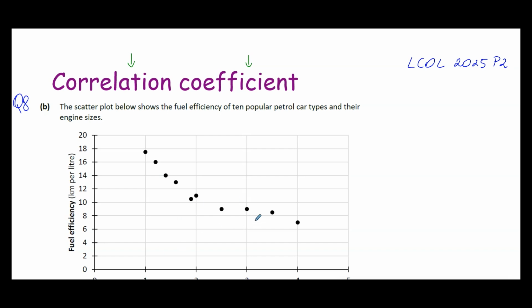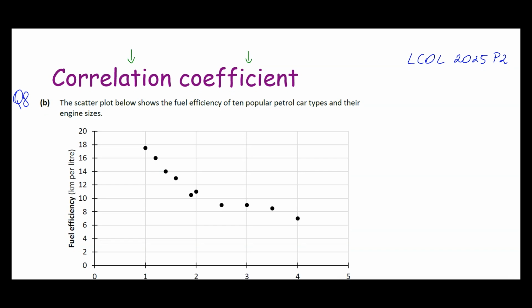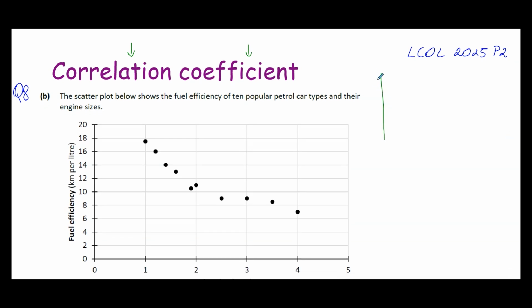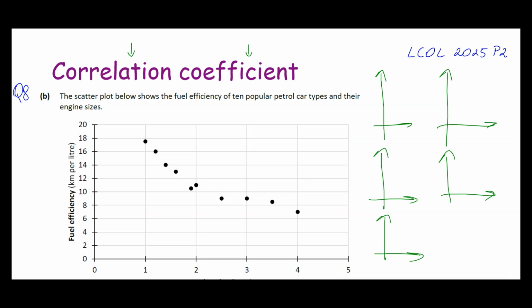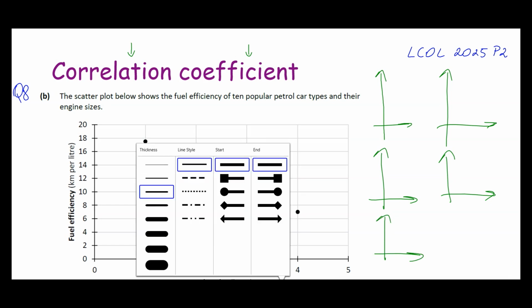Now, even before we go into detailing this question, we need a little bit of knowledge. When it comes to the scatter plot, we can have five types of situation. So let's just draw a little bit.